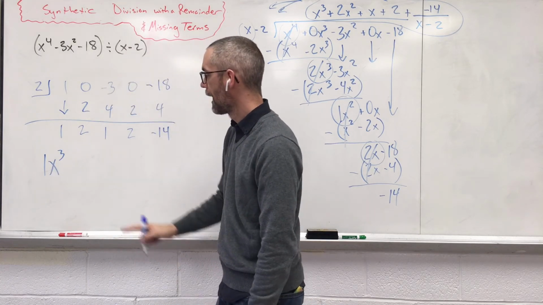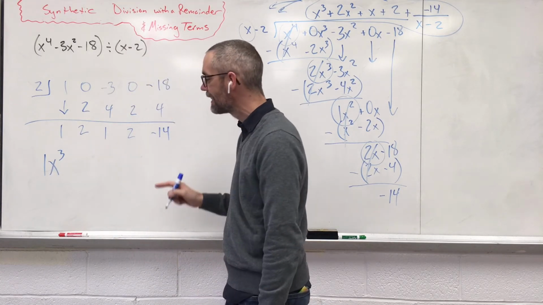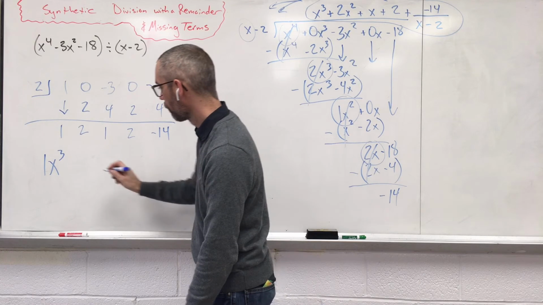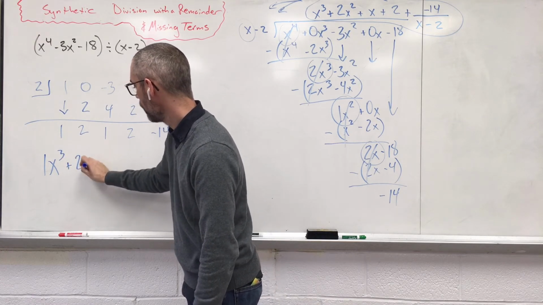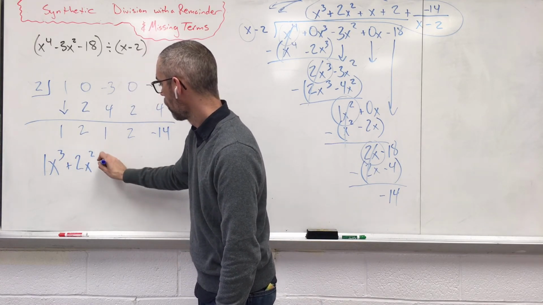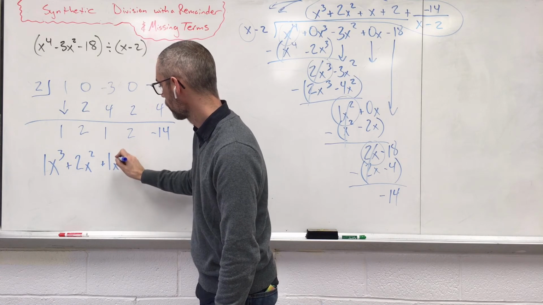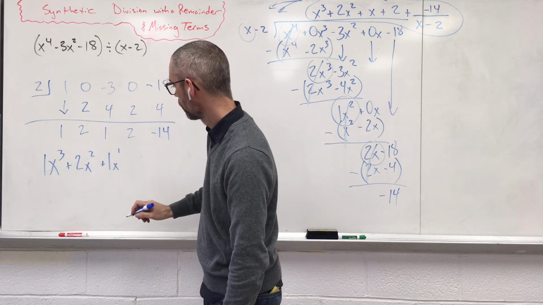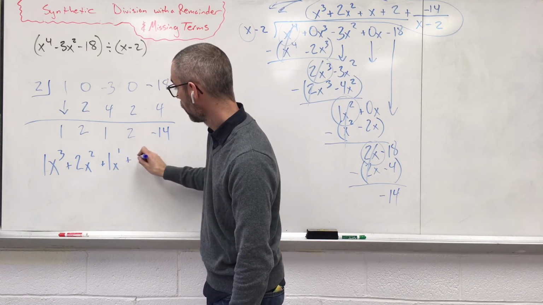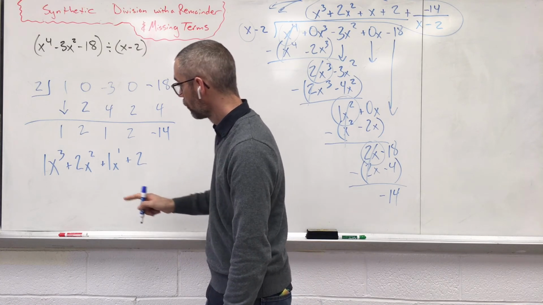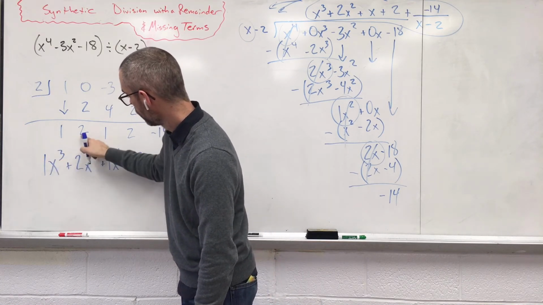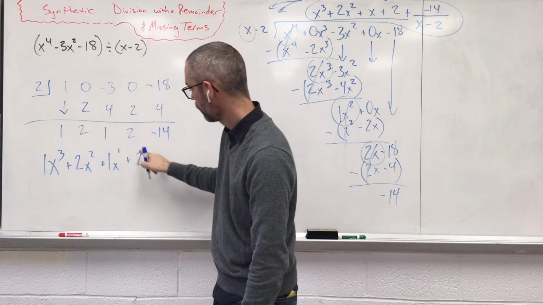Now we're going to go descending with those exponents in order. So plus 2x squared plus 1x to the first plus 2. So 1, 2, 1, 2.